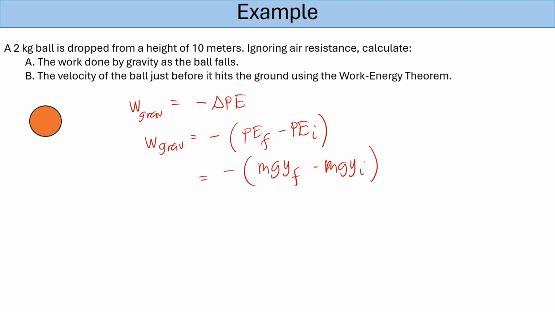If I'm going to let this height as my yi equals 0, then my y final here will be equal to negative 10 meters.